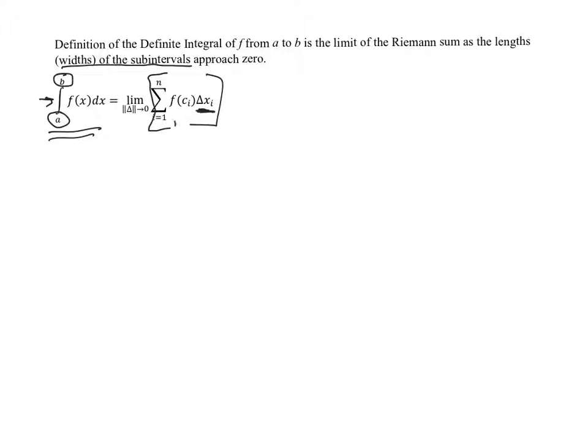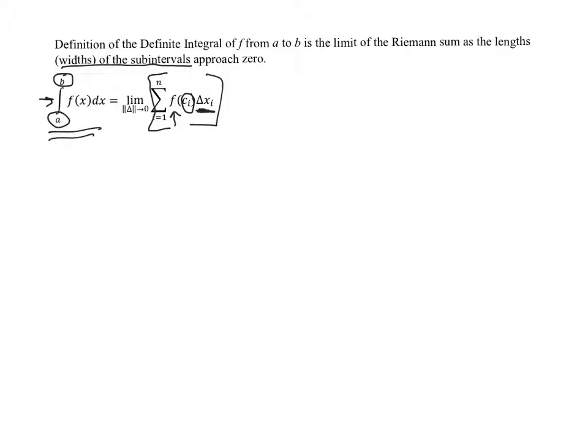And then f would be our function, and the c sub i represents what we call the sampling point. Now, in our estimations, in our approximations, we would use either the left endpoint or the right endpoint as our sampling point. But in general, we can use any x value in each of the subintervals as our sampling point.